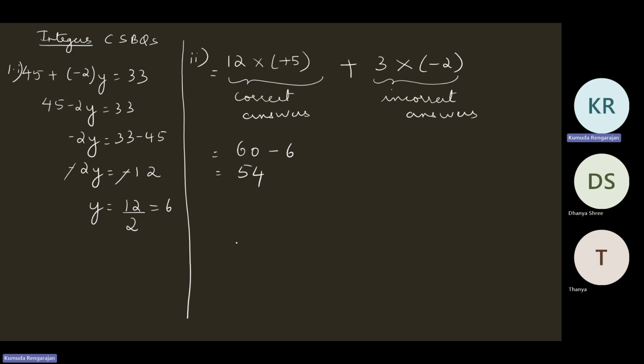Third one, Danya. Total score of Shubham's team. Ma'am, 33. Correct. Your calculation? 12 into plus 3, plus 3 into minus 1.